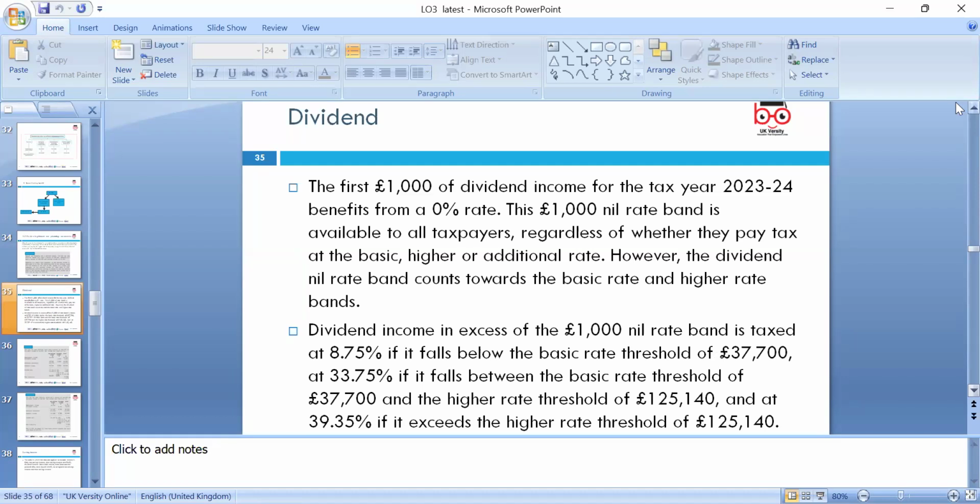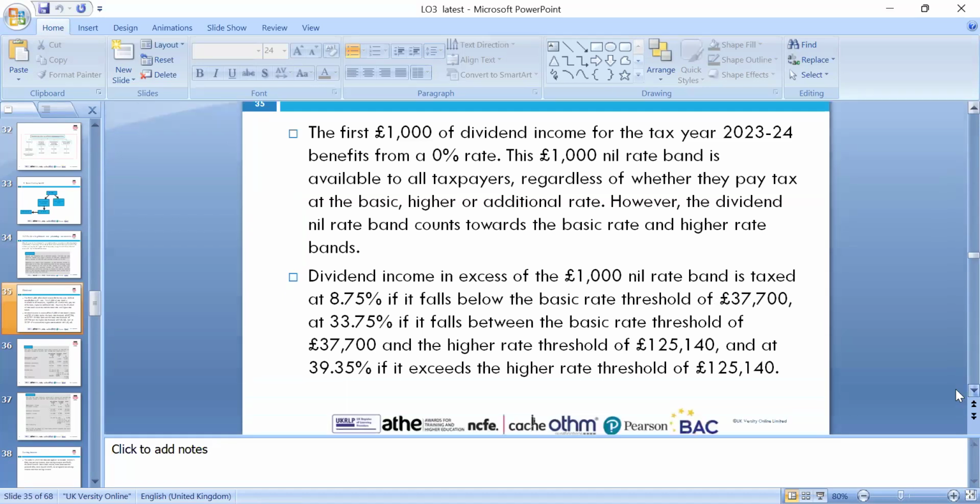Dividend income in excess of the 1,000 nil rate band is taxed at 8.75% if it falls below the basic rate band of 37,700, as we've seen in the rates. Then it jumps to 33.75% tax, instead of 40%, because normally it is 40%, but we're looking at dividends.